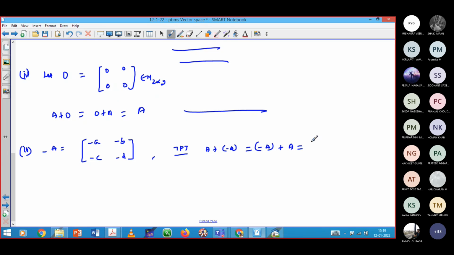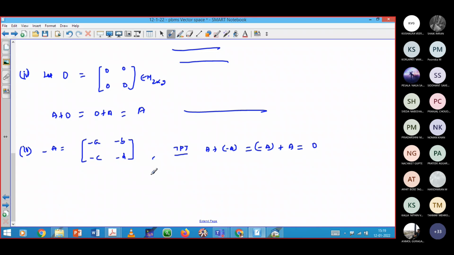Zero matrix. Very good. You have to write at least one side proof like A plus minus A. That is a good presentation for 10 marks.